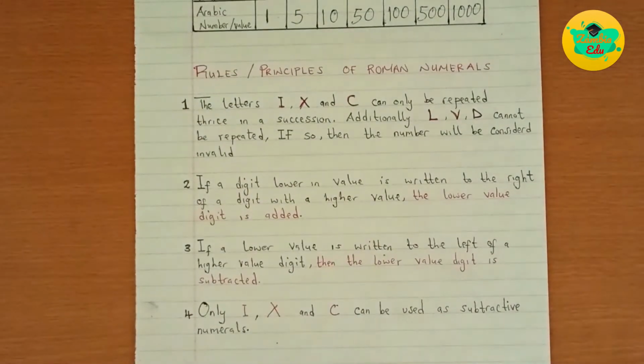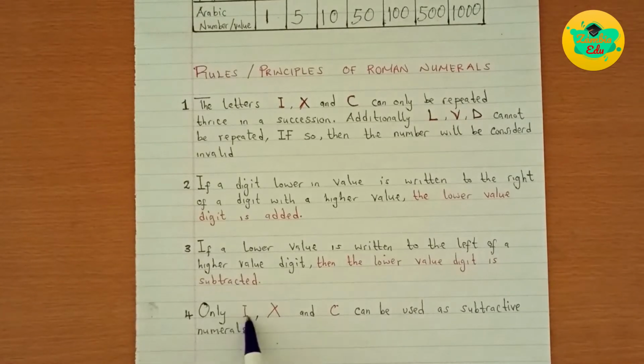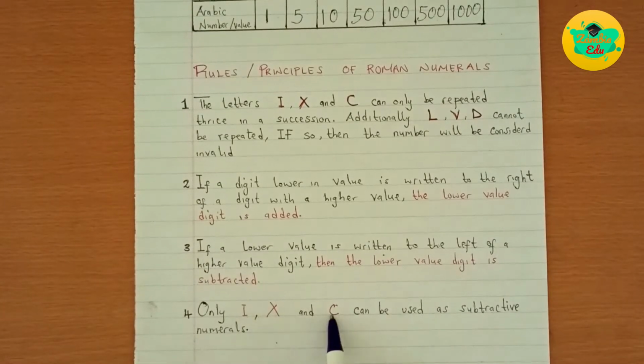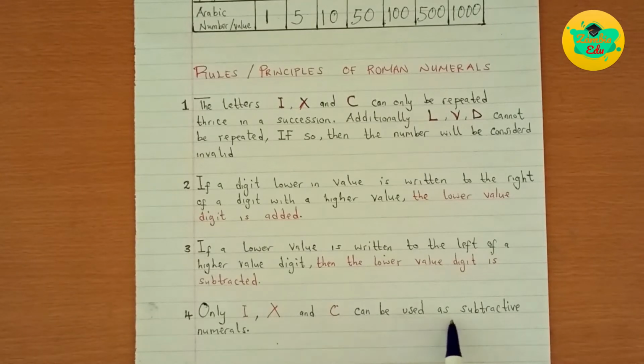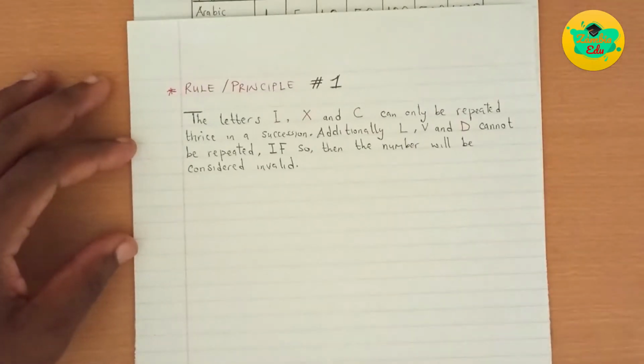Rule number four says only I, X, and C can be used as subtractive numerals.